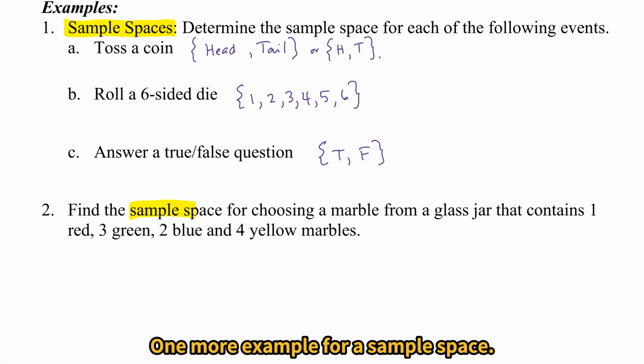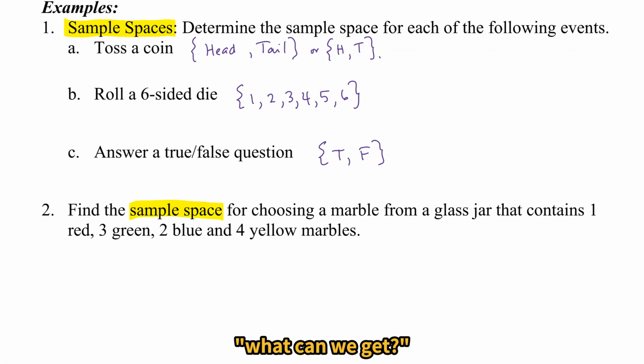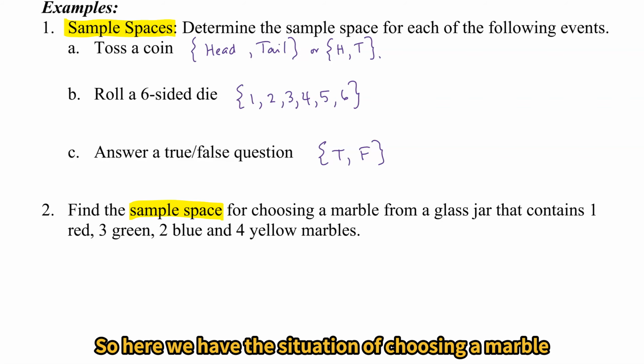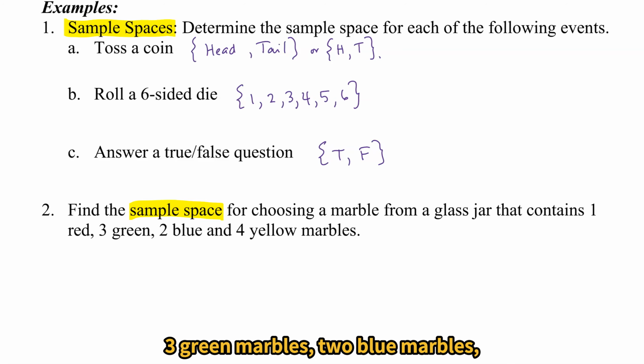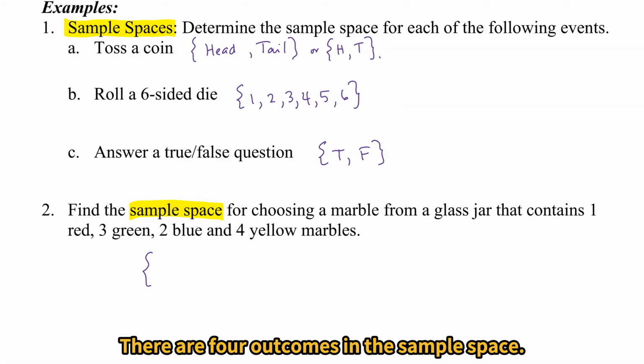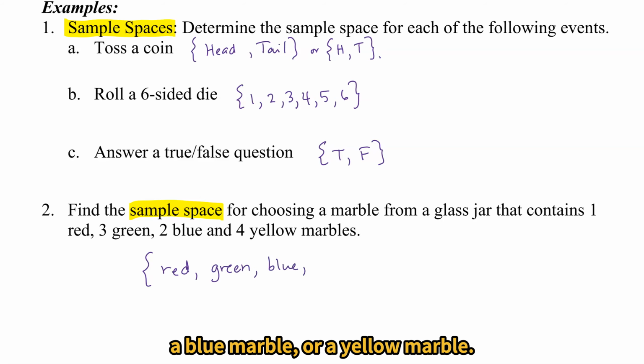One more example for a sample space. Remember that sample spaces are outcomes. What can we get? So here we have the situation of choosing a marble from a glass jar that contains 1 red marble, 3 green marbles, 2 blue marbles, and 4 yellow marbles. What outcomes do we have? There are 4 outcomes in this sample space. We could draw a red marble, a green marble, a blue marble, or a yellow marble.